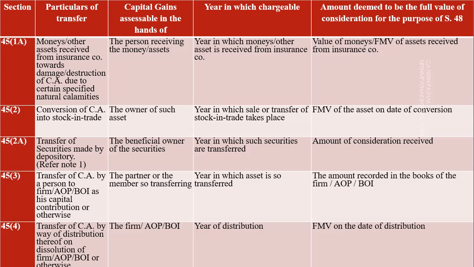So the firm would be liable to tax, with the consideration being the value on the date the distribution is made. It will be in the hand of the ABC partnership firm.